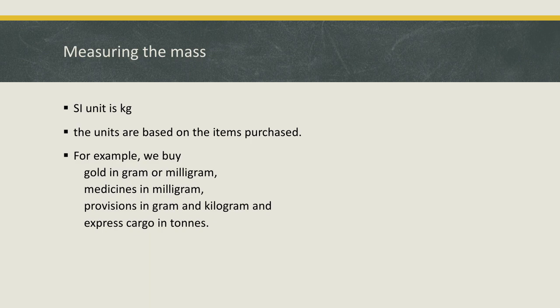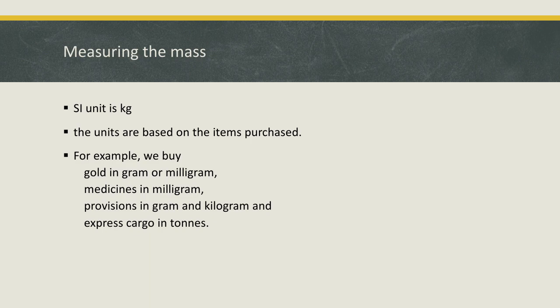Okay, the next thing is medicines, we take in terms of milligrams. Mg, you will be seeing it in tablets, right? So it will be so many mgs. So milligrams, and then provisions like your sugar, jaggery, dal, those kinds of provision items which you will be buying in terms of grams and kilograms, like 1 kg of sugar or half a kilo of sugar.